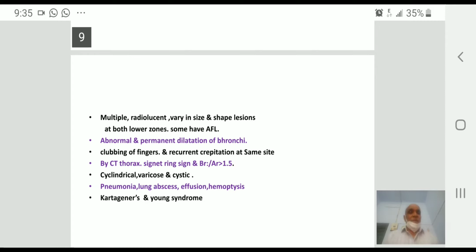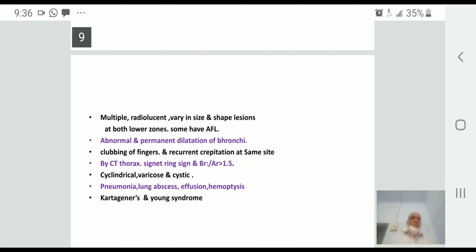We can suspect bronchiectasis by chest radiograph and confirm by CT thorax. Before CT, we did bronchography to confirm bronchiectasis.